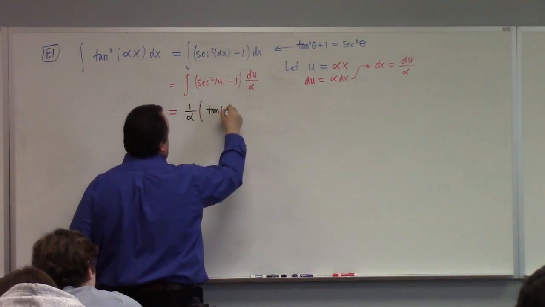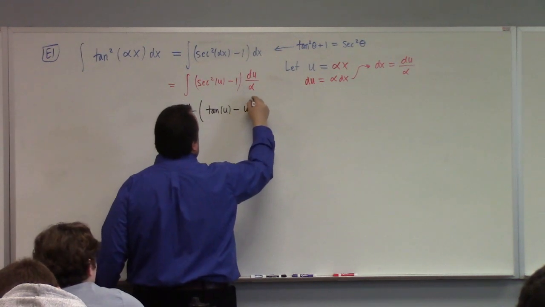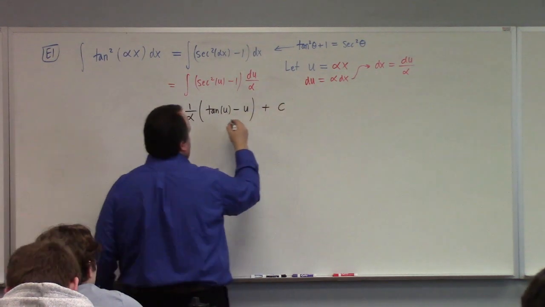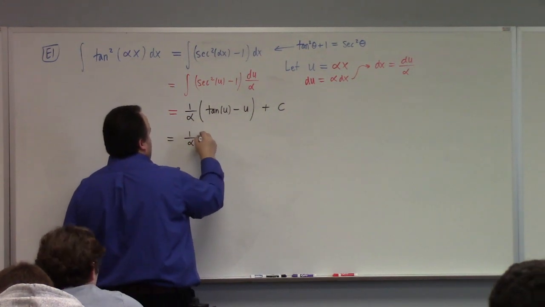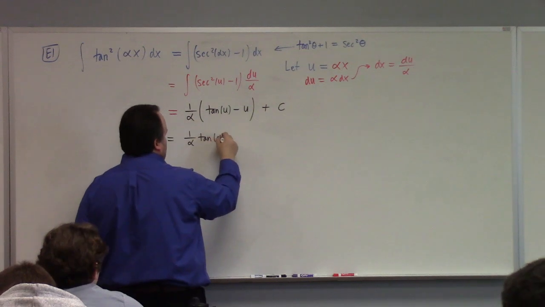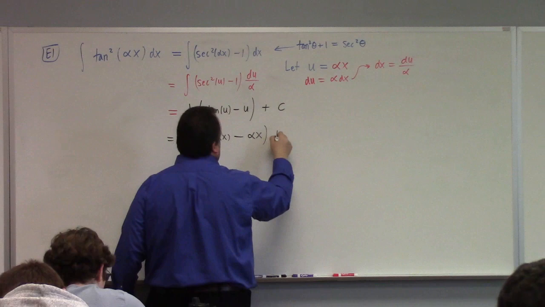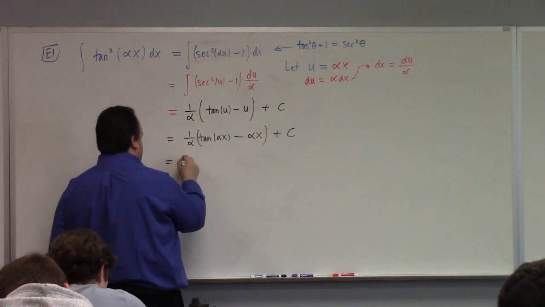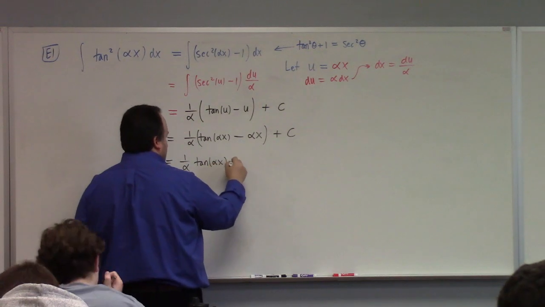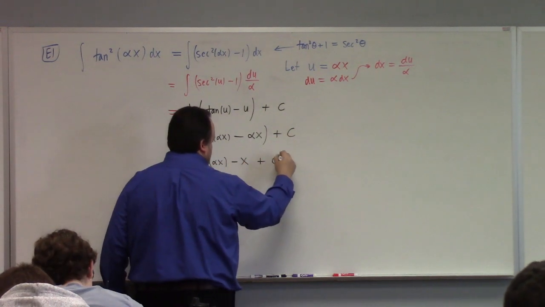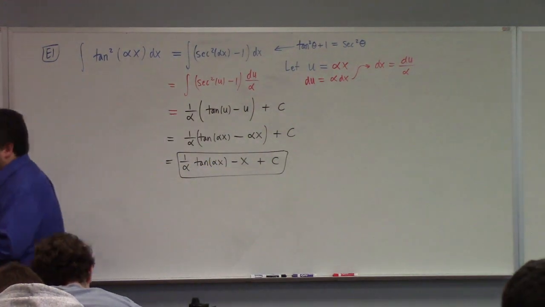So tangent of u, and the integral of minus 1 is just minus u, plus a constant. So that is 1 over alpha times the tangent of alpha x minus alpha x plus a constant. Or if you like, you could write that as 1 over alpha tangent of alpha x minus x plus a constant. Whether or not you want to leave the alpha factored out, it's up to you.